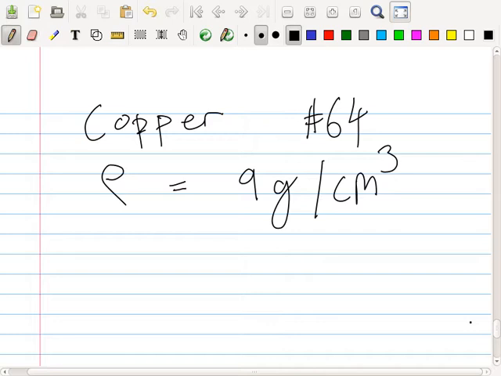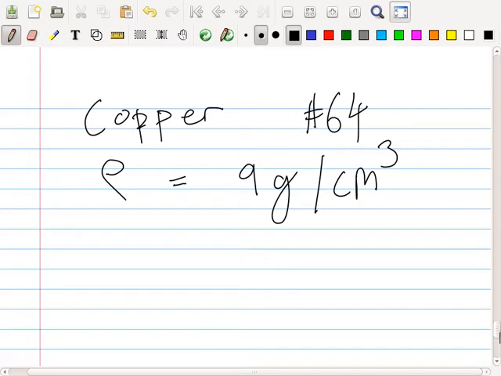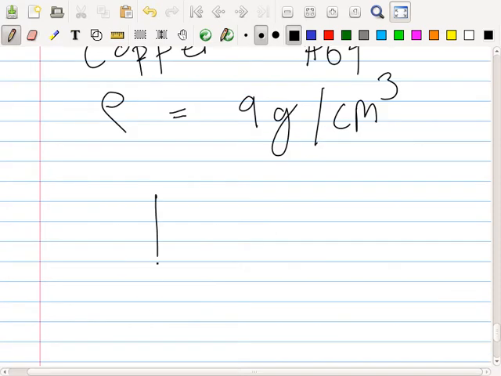Okay, so we do this together? Your copper is number 64 and its density is this, and we want to know how big it is. Maybe I'll draw it as a circle, or a box, whatever.